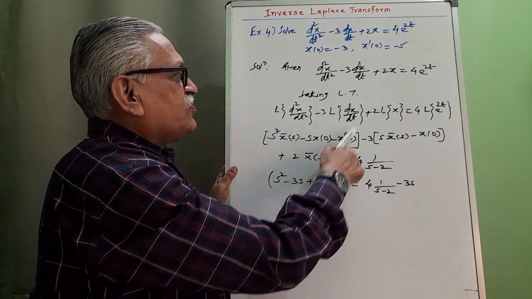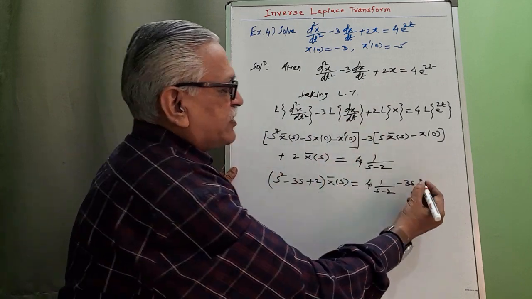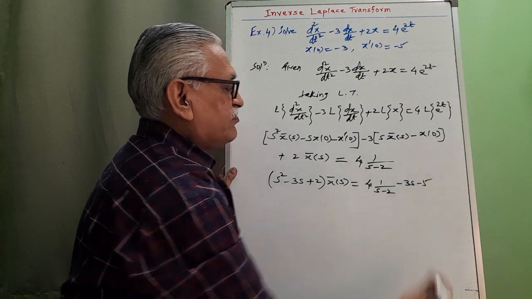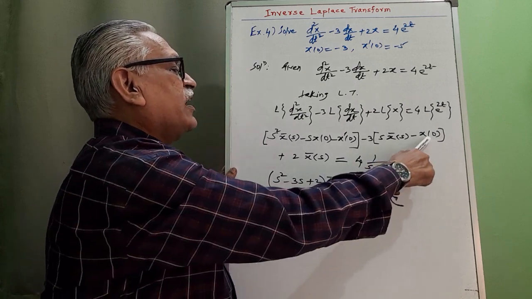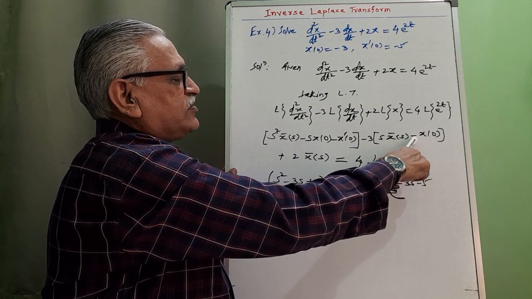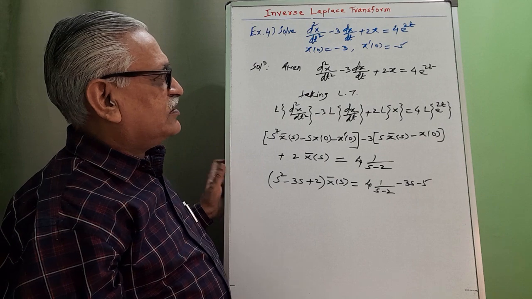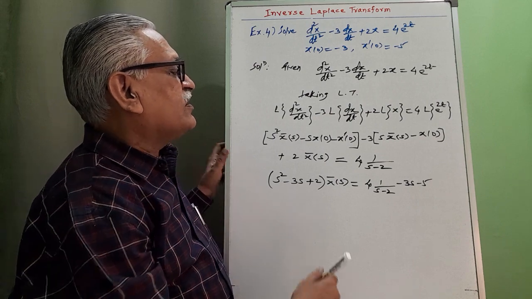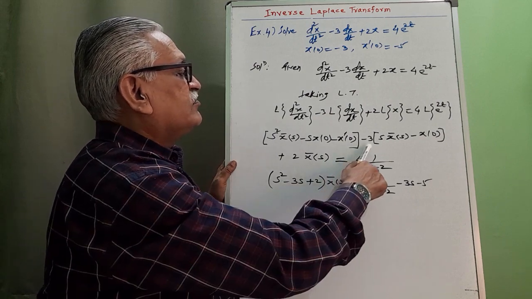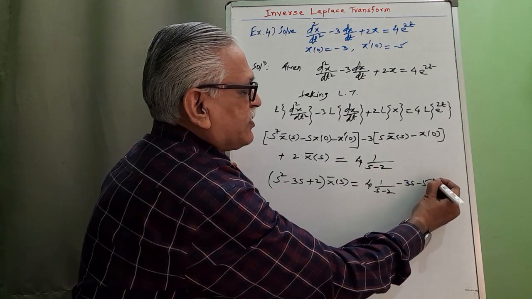X dash of 0 is minus 5, minus minus becomes plus 5, transferring it becomes minus 5. Then x of 0 once again, minus minus becomes plus, 3 into 3 gives 9, minus 9, transferring to the right hand side it becomes plus 9.